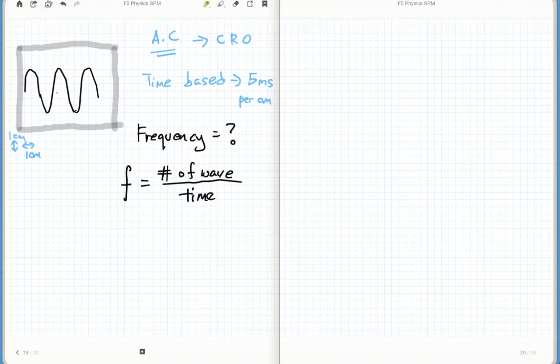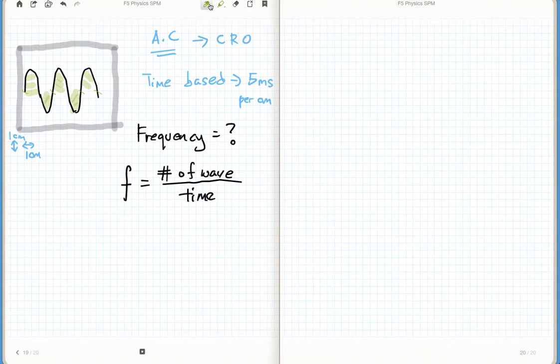Let's say for example from here to here, this end to this end, this is 1 wave, this is 2 waves, and this is 2.5 waves. You may measure only the 1, but I want to show you how you actually use the number of waves. Or another way to calculate the waves is every half, you measure how many halves: 1 half, 2 halves, 3, 4, 5 half waves.